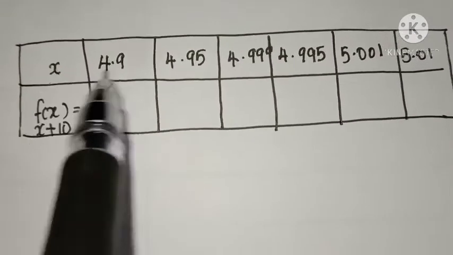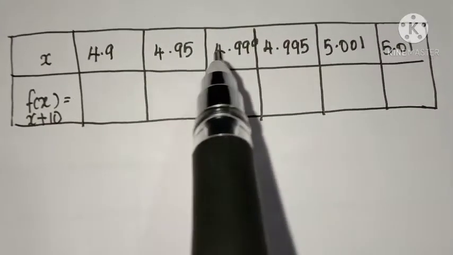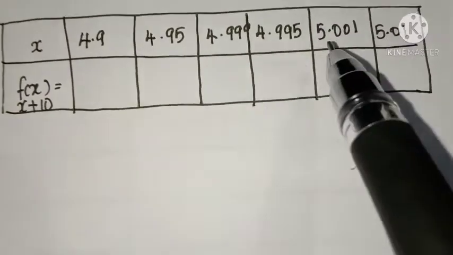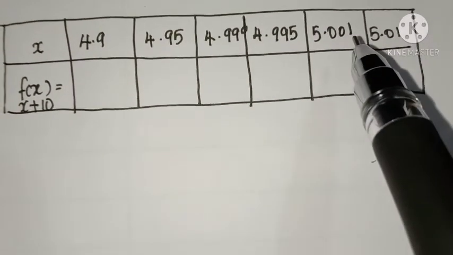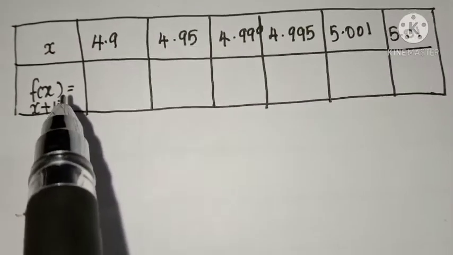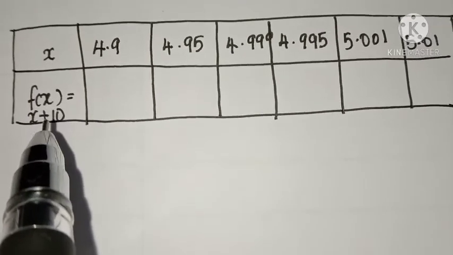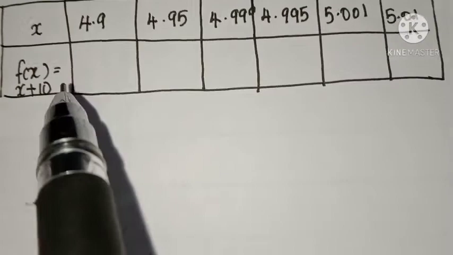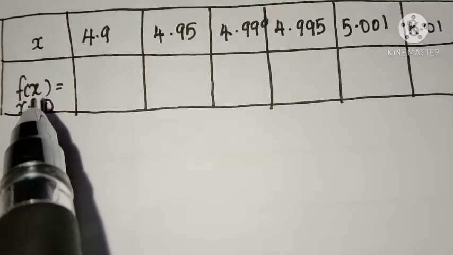These are values of x very near to 5, and these values are to the left of 5 and these two values are to the right of 5. And see our function f of x is x plus 10. So put x equal to these values in the function f of x.